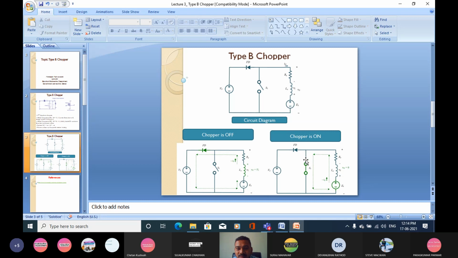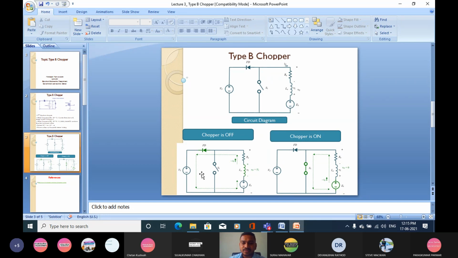So now in both these cases, when the chopper is on and when the chopper is off, the direction of output current is the same. Okay, so this is the reverse direction of current, because the current flows from load to source. So this is the negative direction of current, so we can say that it is the negative output current.